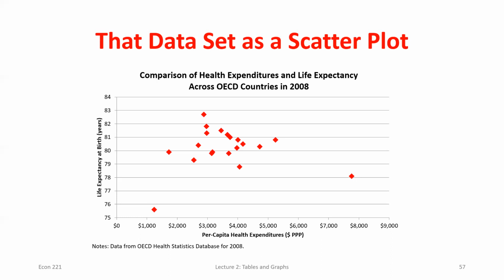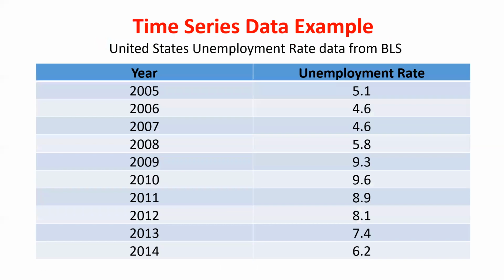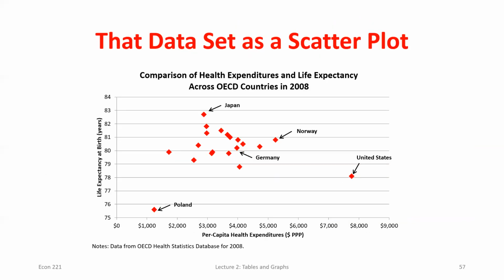So I've got a couple of the countries here. Yeah, United States. Oh, come on. There we go. So you can see here, even the country that's spending the most, the United States, right, has the second lowest life expectancy out of all these countries, right?